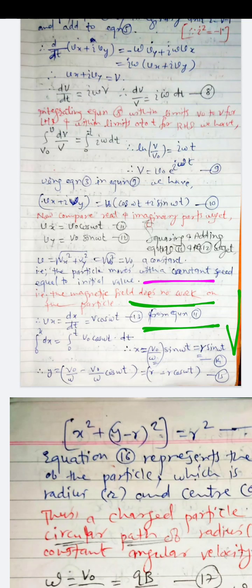Now, what about y? y is equal to v0 upon omega minus v0 upon omega cos omega t. By the above substitution, it becomes y equal to r minus r cos omega t, equation number 15.